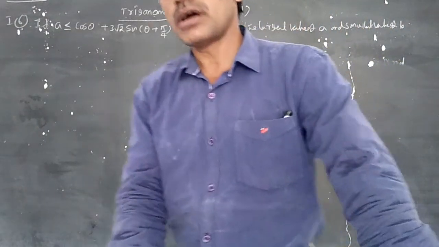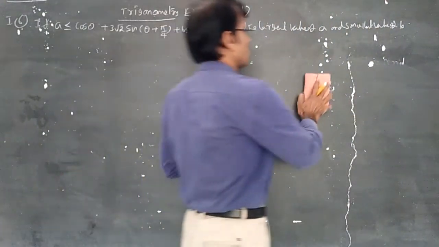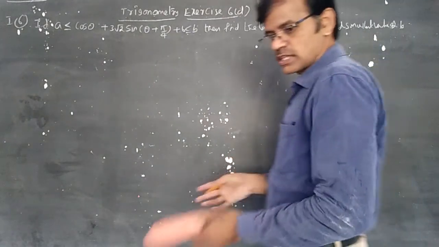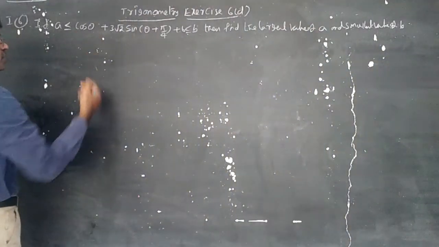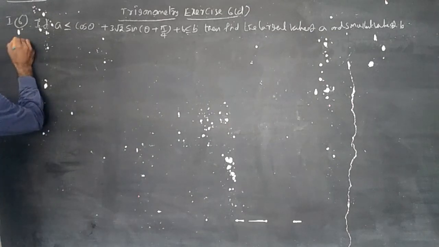It is nothing but the minimum and maximum values of the given function, the range of the a cos theta plus b sin theta model given.